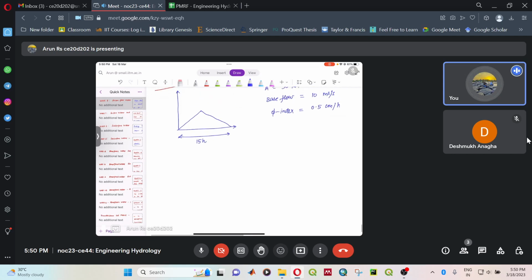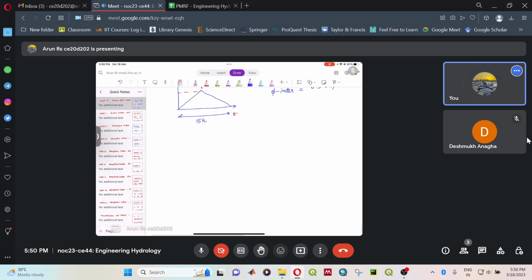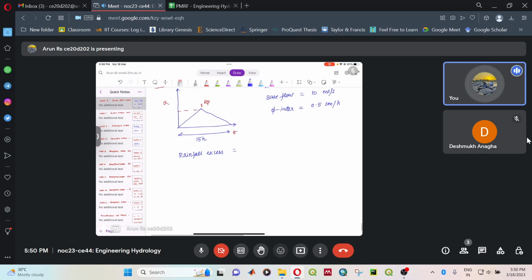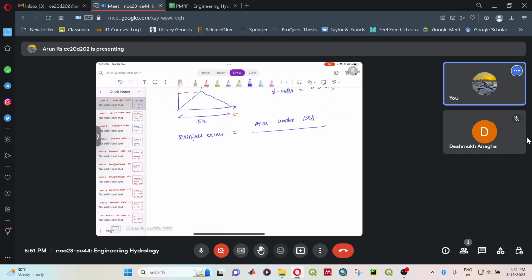Now the first question is to determine what is the peak discharge of this particular catchment. So this is Q and this is Q. We have seen already that rainfall excess is given by the area under the direct runoff hydrograph or the unit hydrograph divided by catchment area.